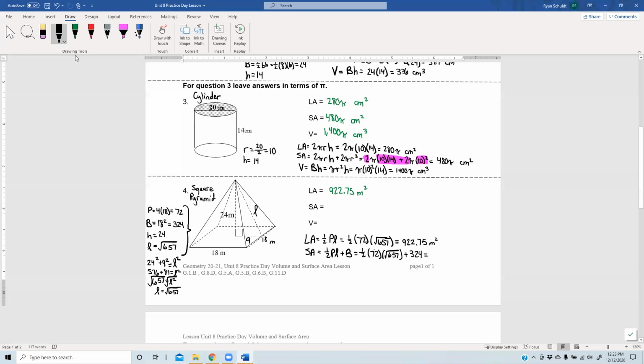Again, we're going to round this to 2 decimal places. So that'll be 1,246.75 meters squared. So 1,246.75 meters squared.